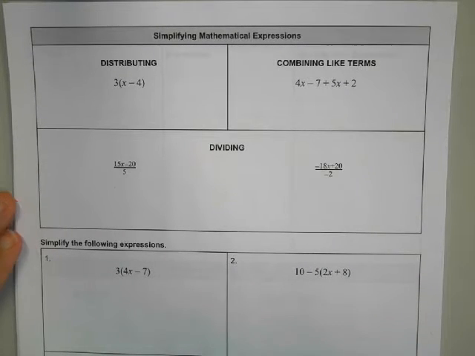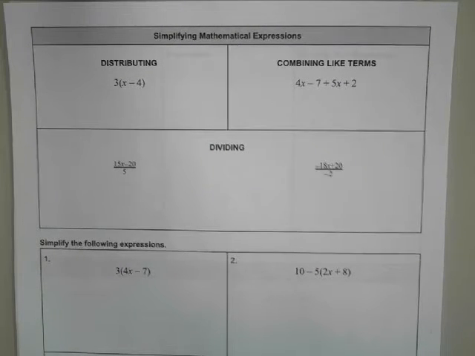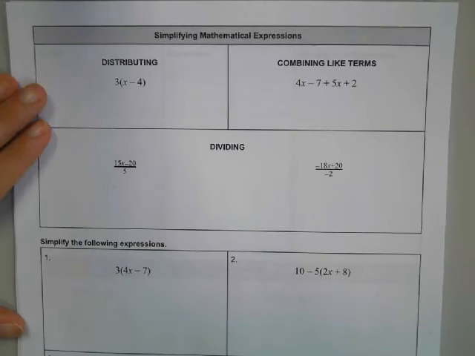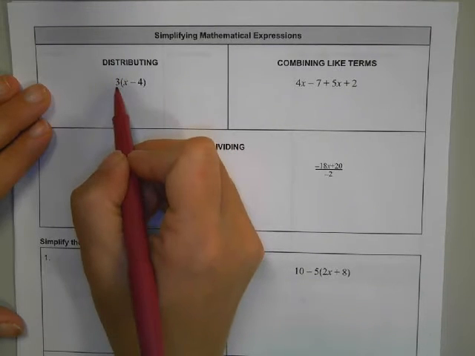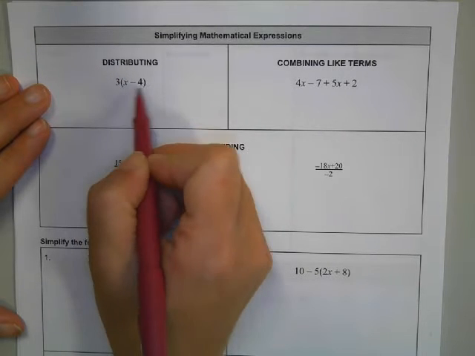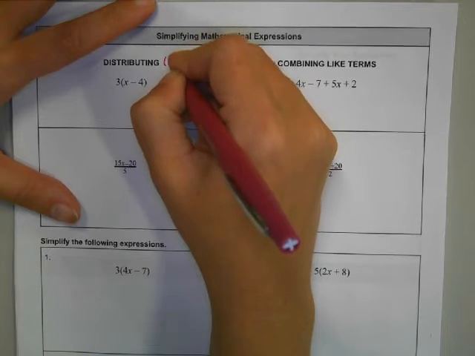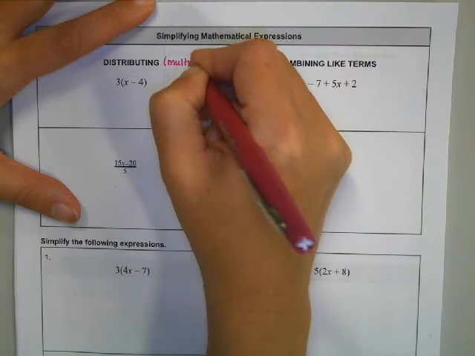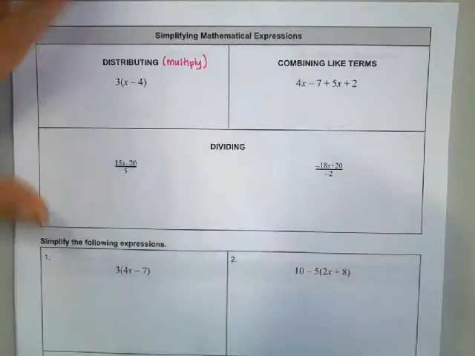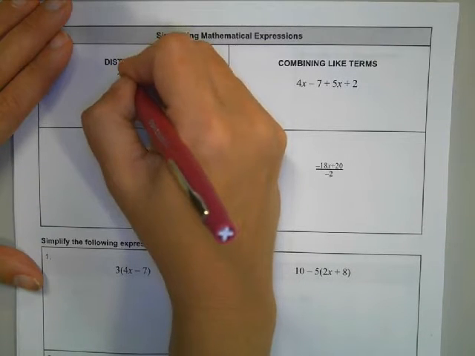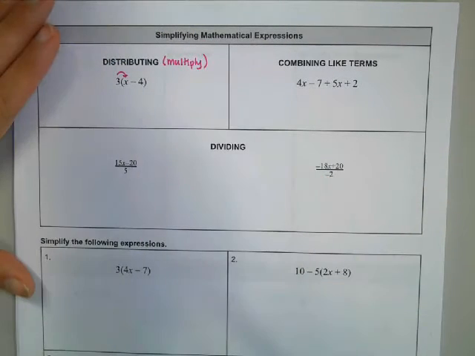We're going to start with reviewing a couple ways that we've learned how to simplify an expression. The first thing that we've learned before is called distributing. We should distribute when there is a number outside of a parentheses. When we distribute, we are doing multiplication. So when I see a problem like this, where there's a number outside the parentheses, I'm going to multiply by whatever's inside.